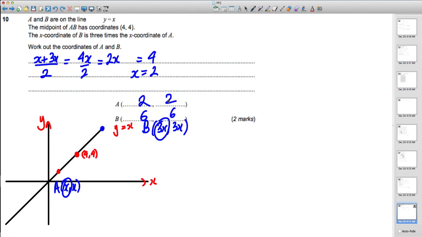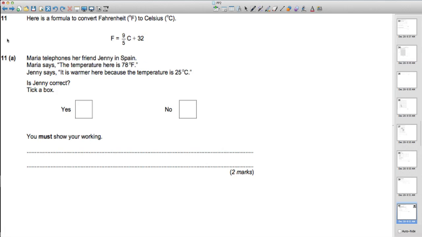Okay, next question. Here is a formula to convert Fahrenheit to Celsius. This is about temperature. Maria telephones her friend Jenny in Spain, and Maria says the temperature here is 78 Fahrenheit.